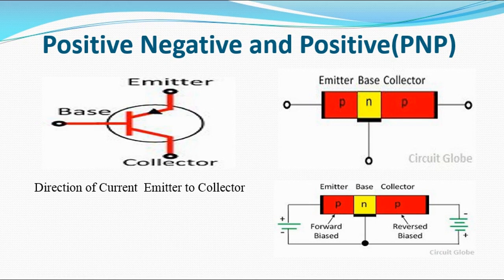The emitter-base junction of both the NPN and PNP transistor is connected in forward bias, just as I said before, while the collector-base junction, both in NPN and PNP, is connected in reverse bias.